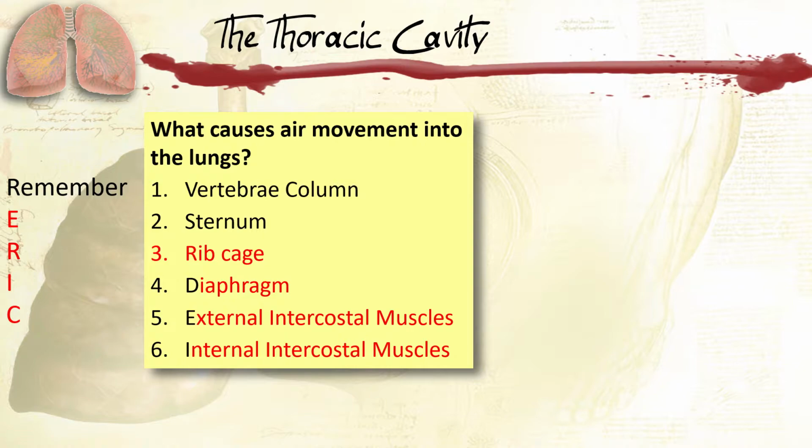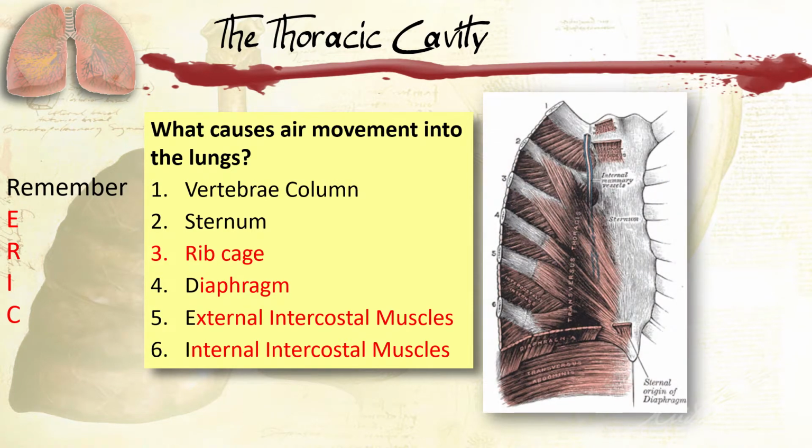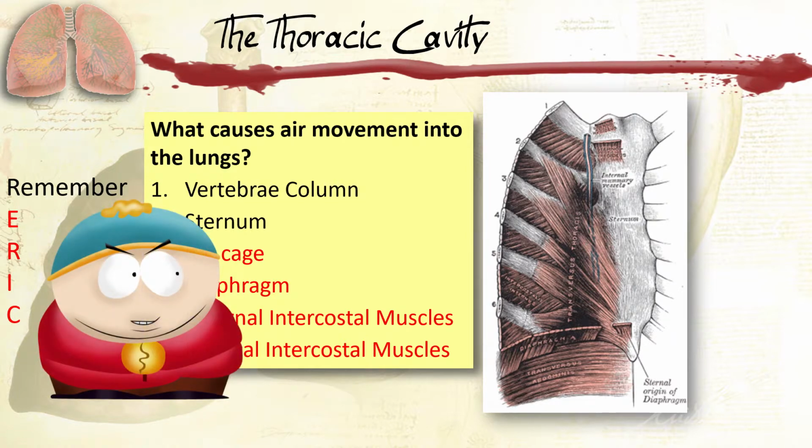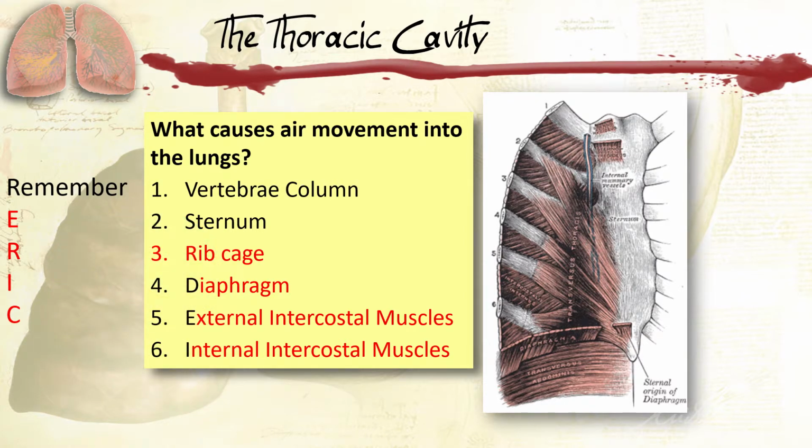Now, to some of you, it might be a bit difficult to remember which muscle contracts and which muscle relaxes. Don't worry, I'm here to help you. What you have to remember is two words. First is ERIC, the other is DEI.